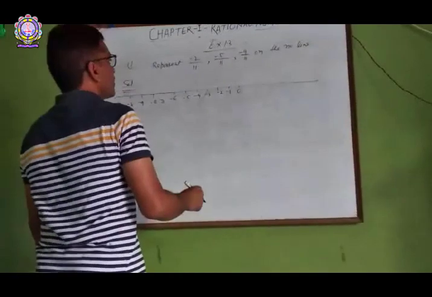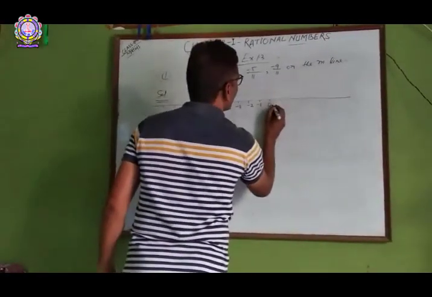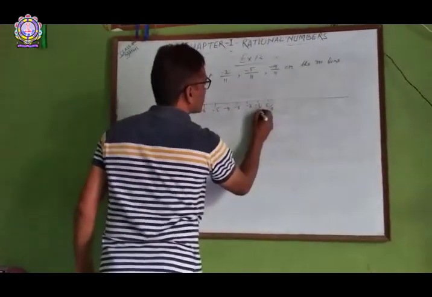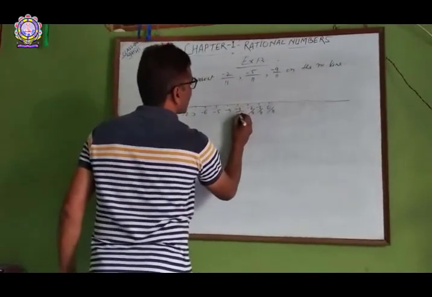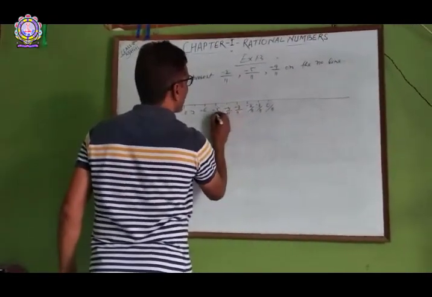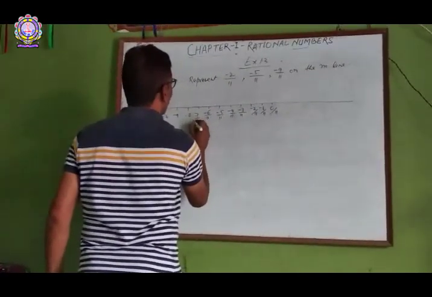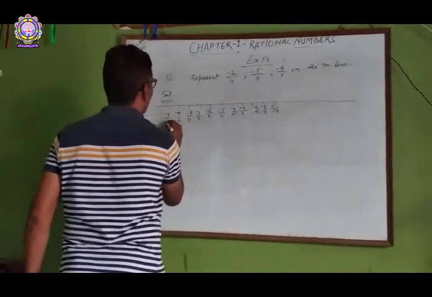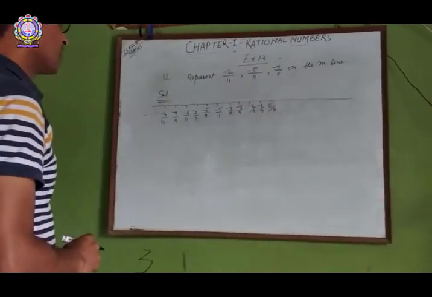11. Now divide all these numbers by 11. 0 upon 11, minus 1 upon 11, minus 2 upon 11, minus 3 upon 11, minus 4 upon 11, minus 5 upon 11, minus 6 upon 11, minus 7 upon 11, minus 8 upon 11, minus 9 upon 11, and minus 10 upon 11. This is your number line.